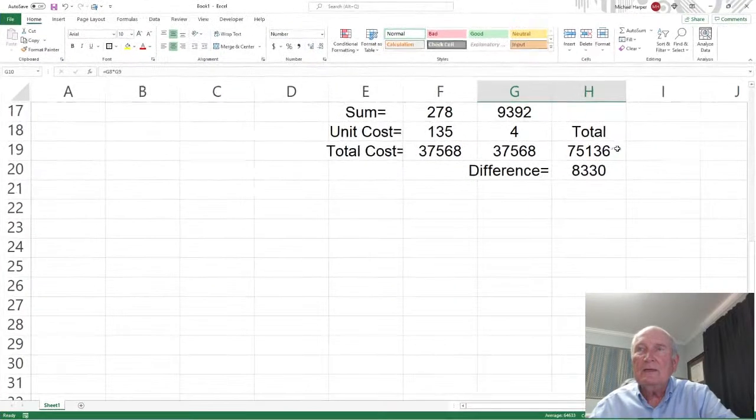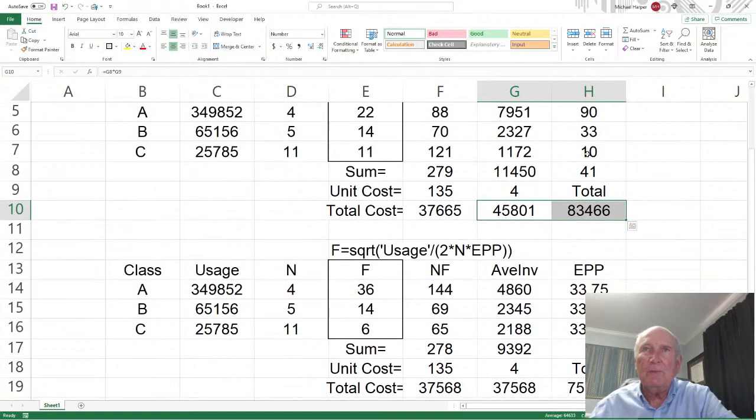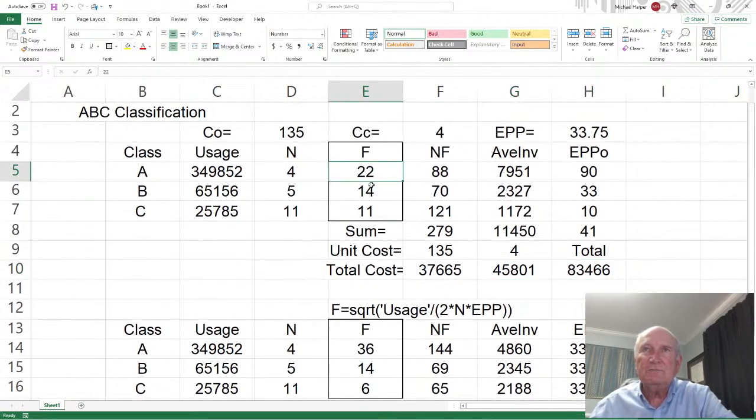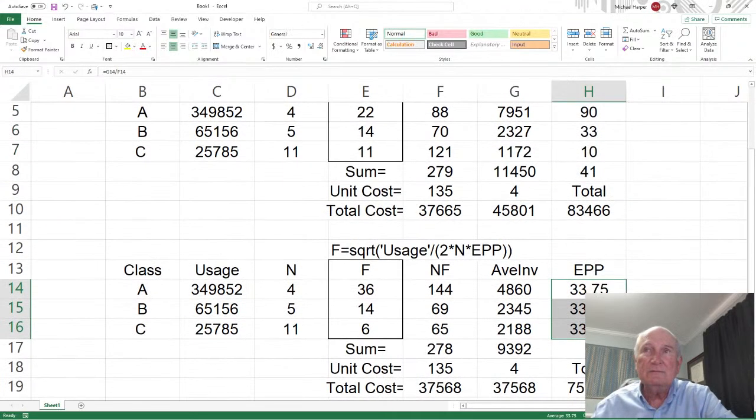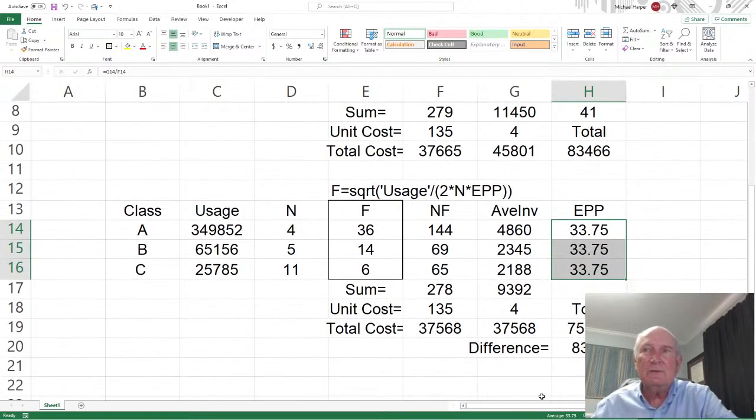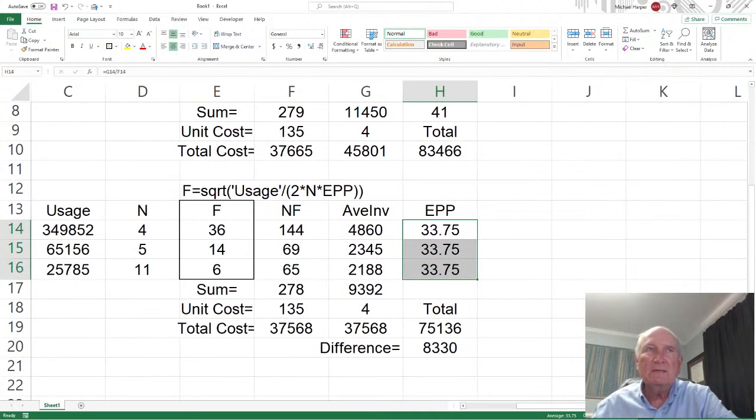Okay, and so this just shows that by changing this policy here to increase the 22 to 36, the 14 stays the same, decreasing the 11 to 6, it takes these EPPs and aligns them better with optimal. And when you do that, you're balancing. Let me bring this over so you can see it. Let me say that again.